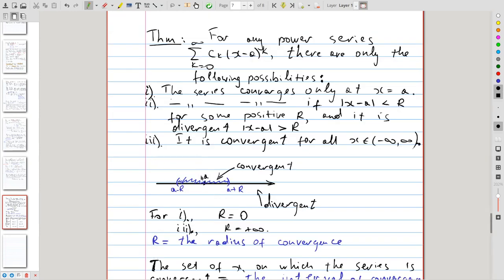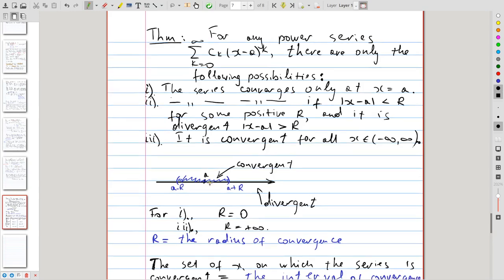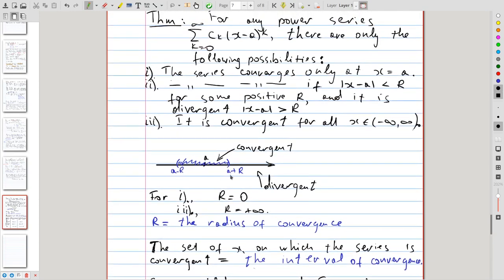It follows from this picture that the question of determining the interval of convergence, the set of all x's on which the series is convergent, boils down to determining two things: the radius of convergence and the behavior of the series at the endpoints of the interval of convergence.